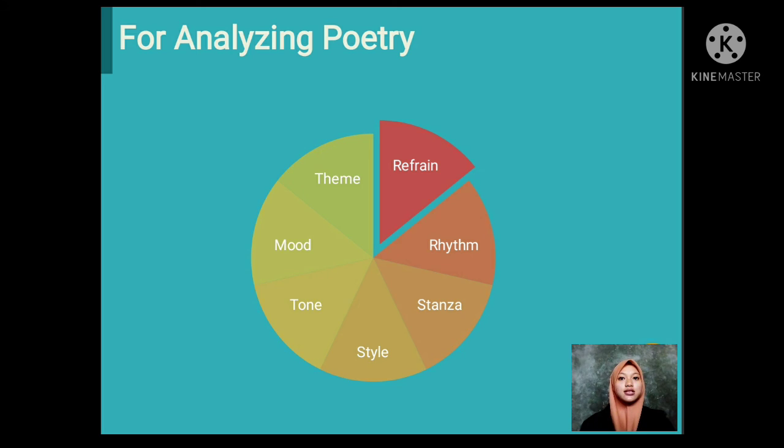The next is tone. Tone is the writer's attitude toward a subject, character, or audience, and is conveyed through the author's choice of diction, imagery, figurative language, details, and syntax. Next is mood.